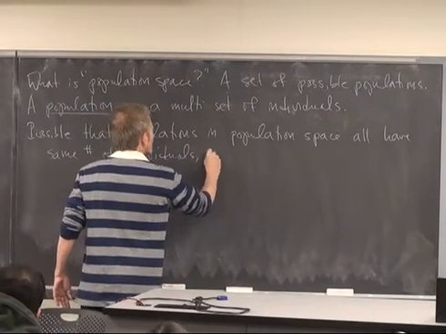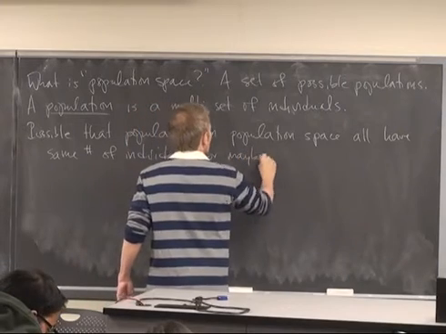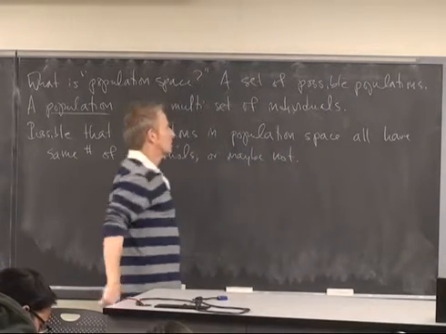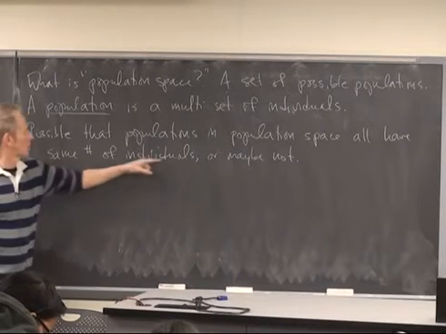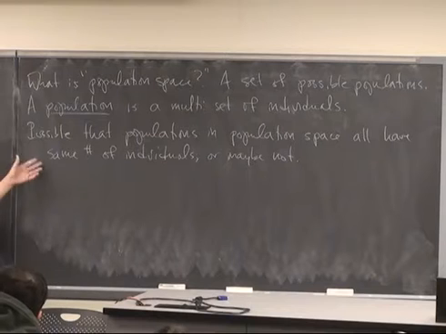Or maybe not. You could have a few big populations, a few small populations, whatever. Generally, we're going to concentrate on situations where the populations in population space all have the same size.